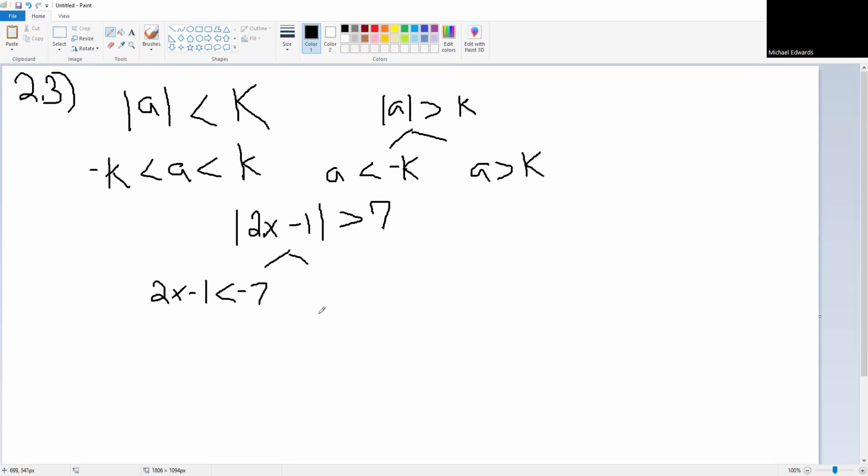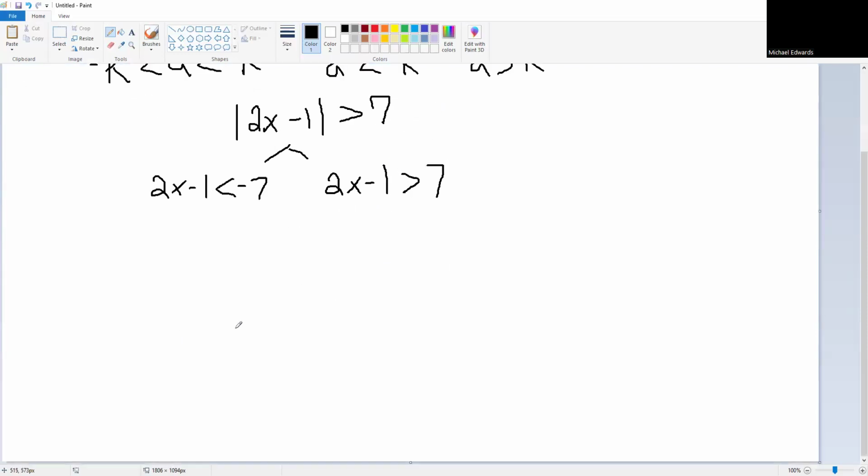You see that? And then the next one would be 2x minus 1 greater than just 7. That's using this rule right up here. All we do is solve, and from here it's pretty much straightforward as far as what you need to do.